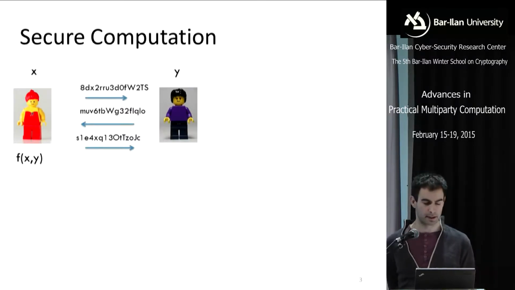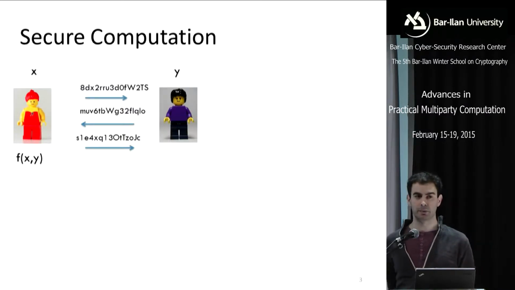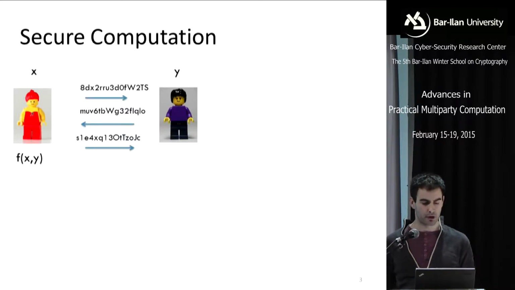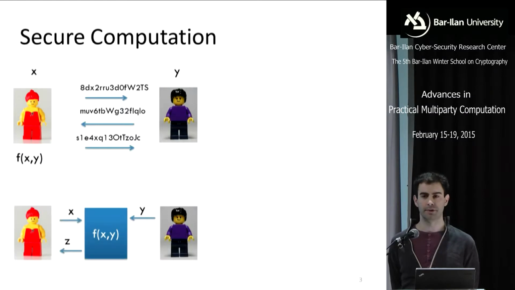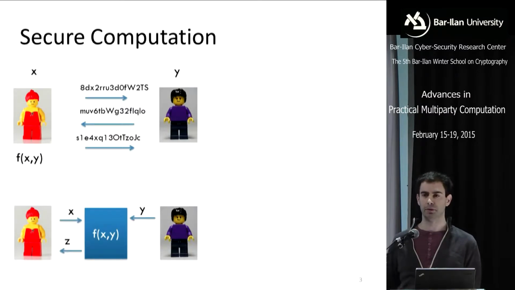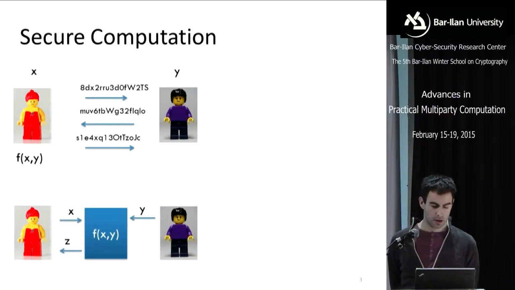They do something that looks like gibberish. At the end, Alice learns the output of the function f on input X and Y. And we would really like this cryptographic protocol to behave in the same way as if we had this magic box to which parties simply input their inputs X and Y and receive the output afterwards.